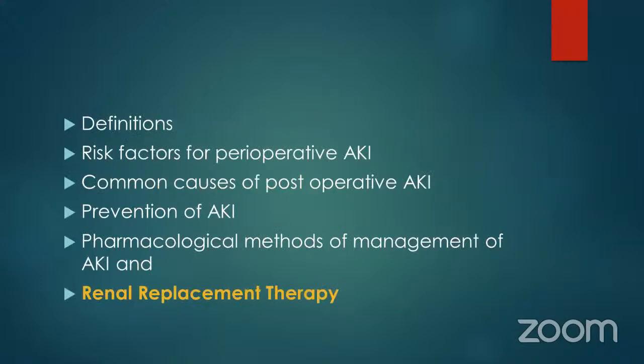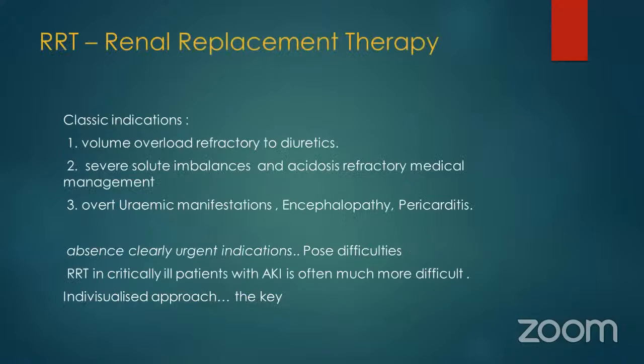Now the last part of my topic is renal replacement therapy in acute kidney injury. Renal replacement therapy is very simple when it comes to the clear indications: volume overload refractory to diuretics, serious solute imbalances and acidosis refractory to medical management, or overt uremic manifestations like encephalopathy and pericarditis.